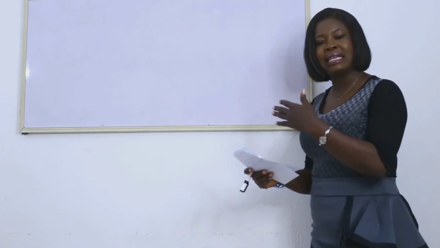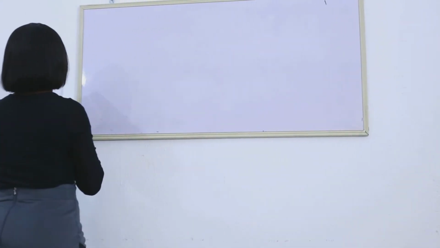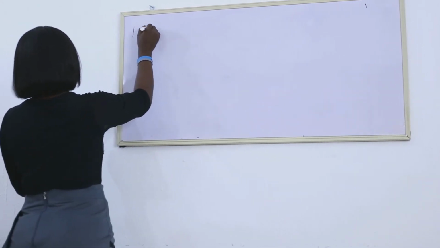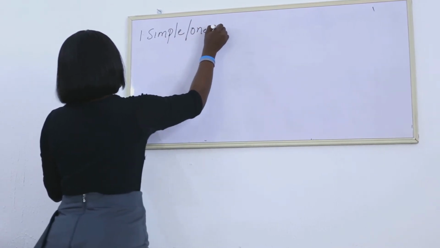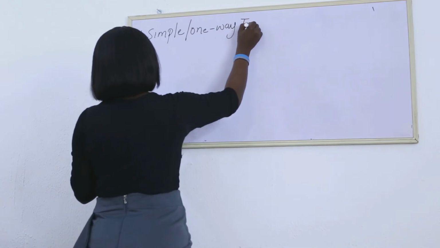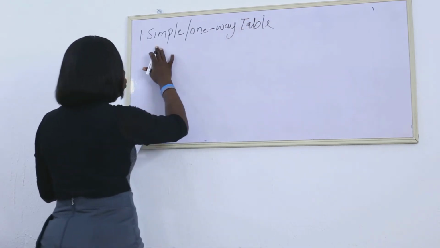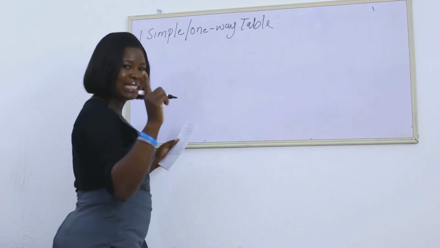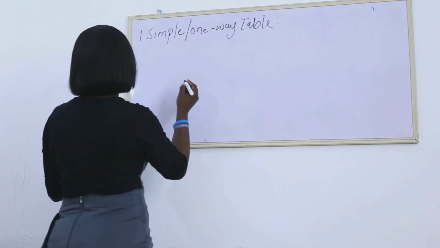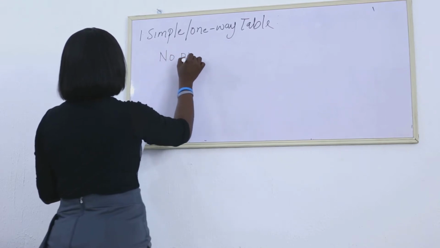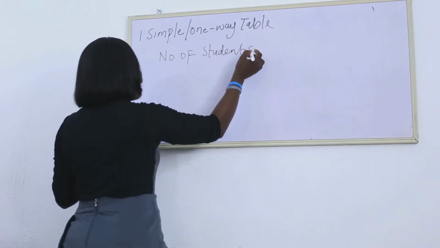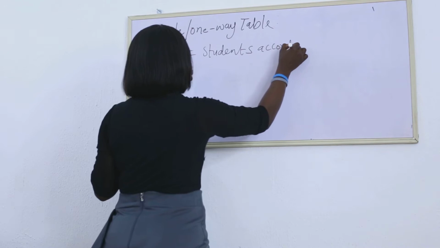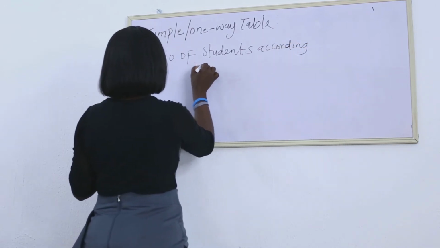For example, let's take an example of a one-way or simple table. Like I said earlier, a simple table or one-way table represents only one characteristic, and this I would say is the number of students according to their age group.